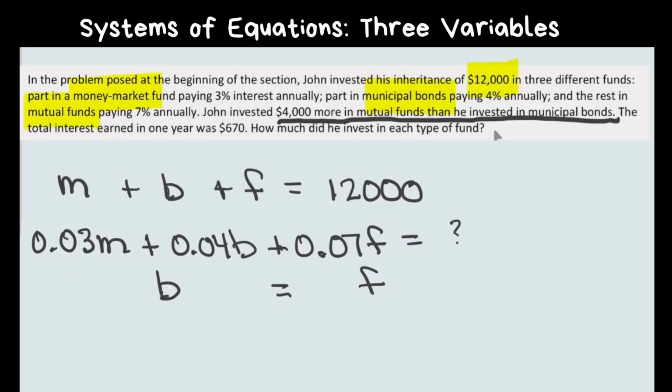The funds is more, so we'd have to add to the bonds $4,000 to make that a valid equation. Okay, last sentence, the total interest earned for 1 year was $670. Now we know what the interest is equal to. All of those interests equal $670.